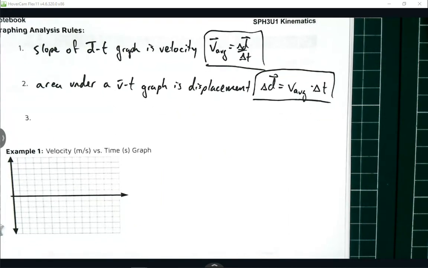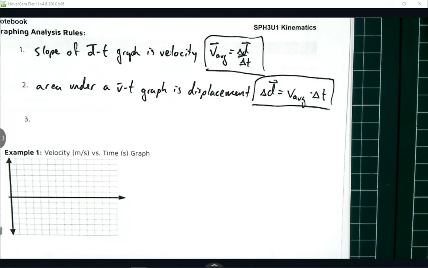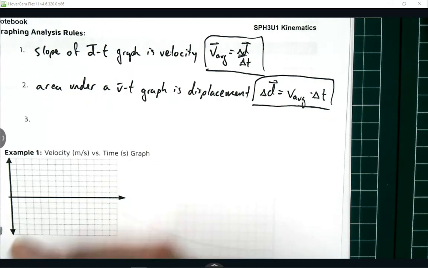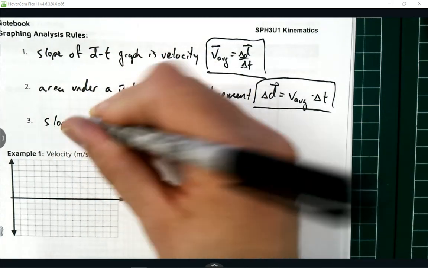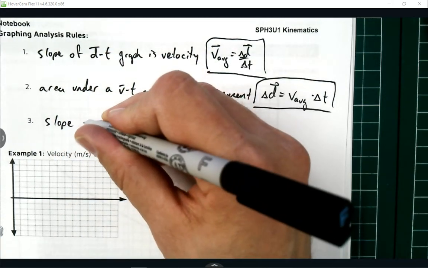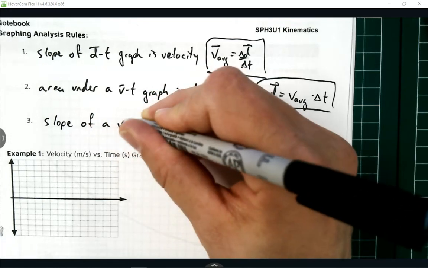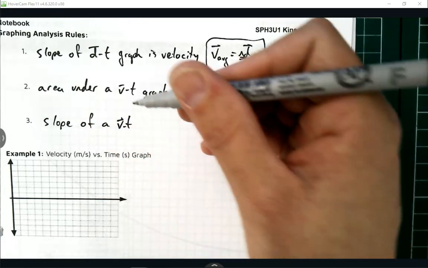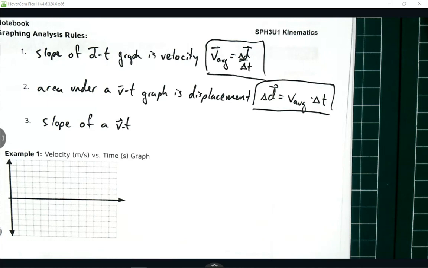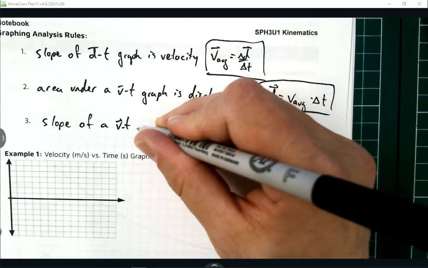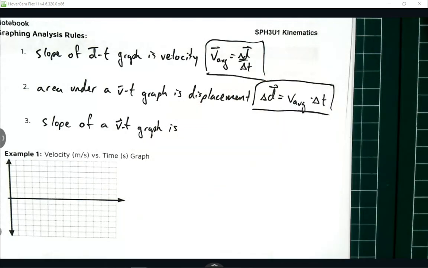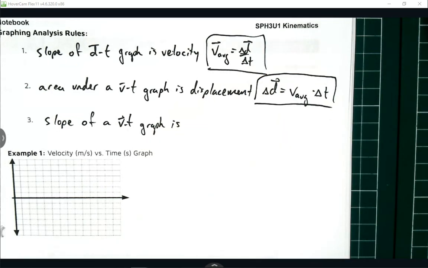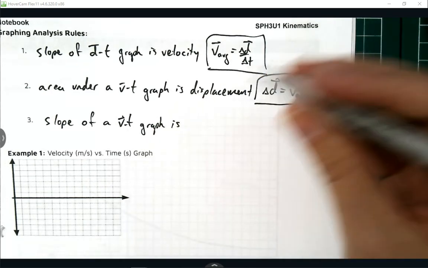There's a third one. And the reason it hasn't come up is because I haven't asked you to analyze this kind of graph yet. But it stands to reason that there must be something we could do with the slope of a velocity time graph. Because, I mean, sometimes a velocity time graph might be slanty, you know? The slope of a velocity time graph, I'm going to throw this out as a fact, and we'll take a look at the implications when we actually analyze a graph in a second.